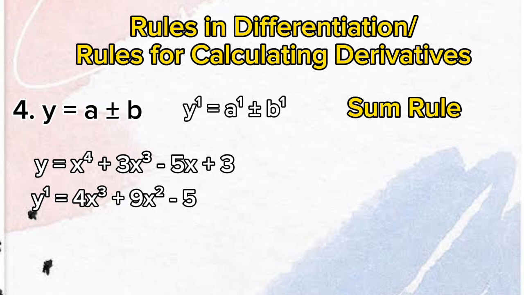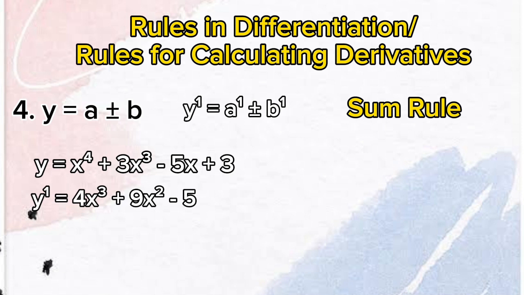From x raised to the 4th power, once we derive it using the power rule, we put the exponent in front: 4x cubed. Then 3 times the exponent, which is 9, and 3 minus 1 is 2.